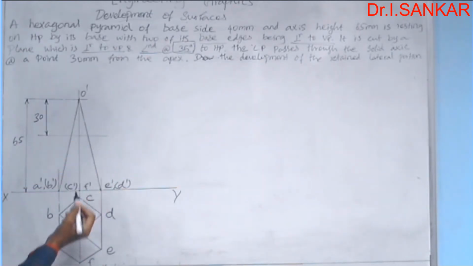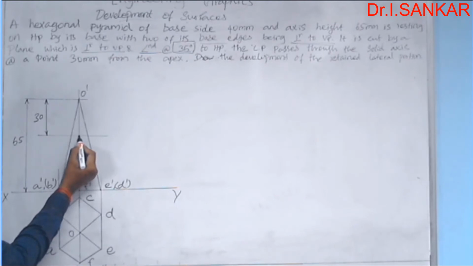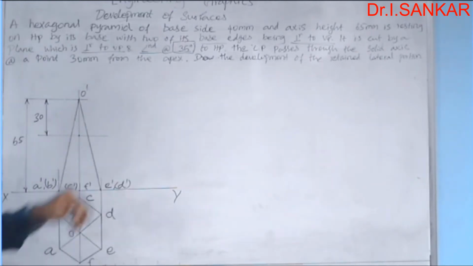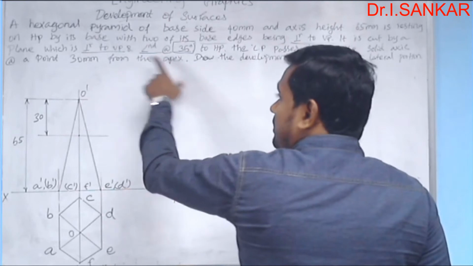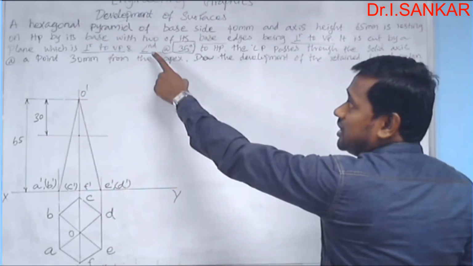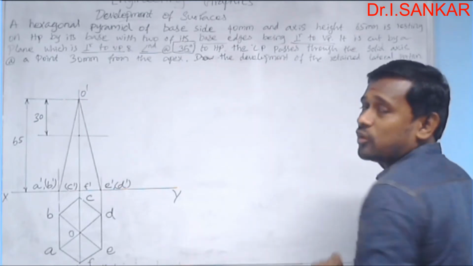Where is the axis? Here the axis. Here our cutting plane is going to pass. Okay, so at this point our cutting plane is going to pass through the solid, and the nature of the cutting plane is that it is perpendicular to VP, right? So you can show it in the front view, and inclined at 35 degree to HP.